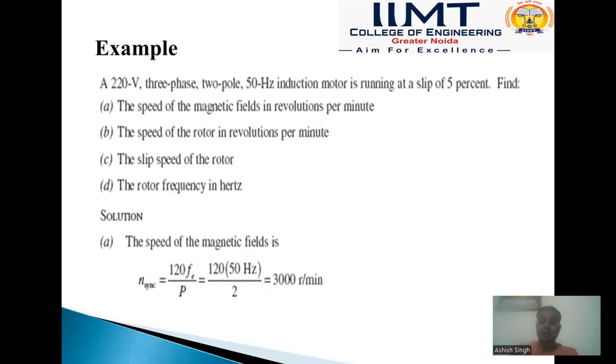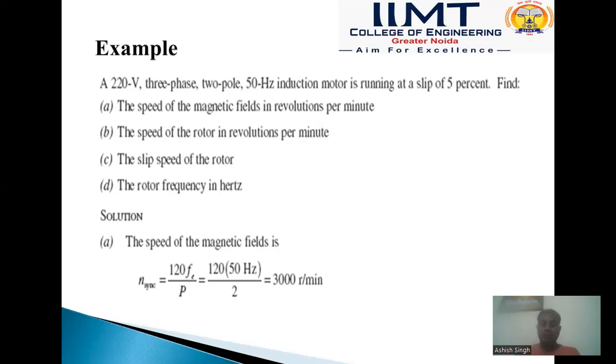You have to calculate the value of Ns, and as we know the formula for Ns equals 120 f upon p, we have f equals 50 hertz and p equals 2. After putting the values of f and p, we get the synchronous speed, or speed of the magnetic field, as 3000 revolution per minute.